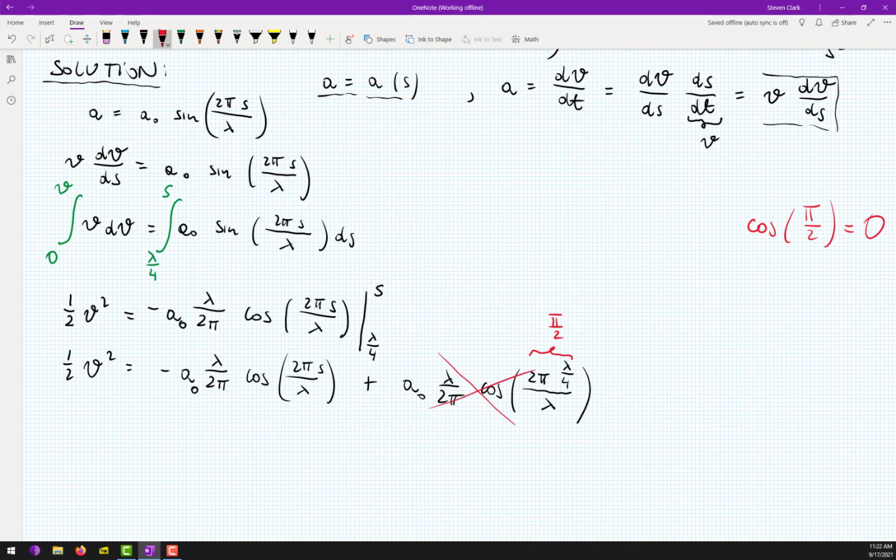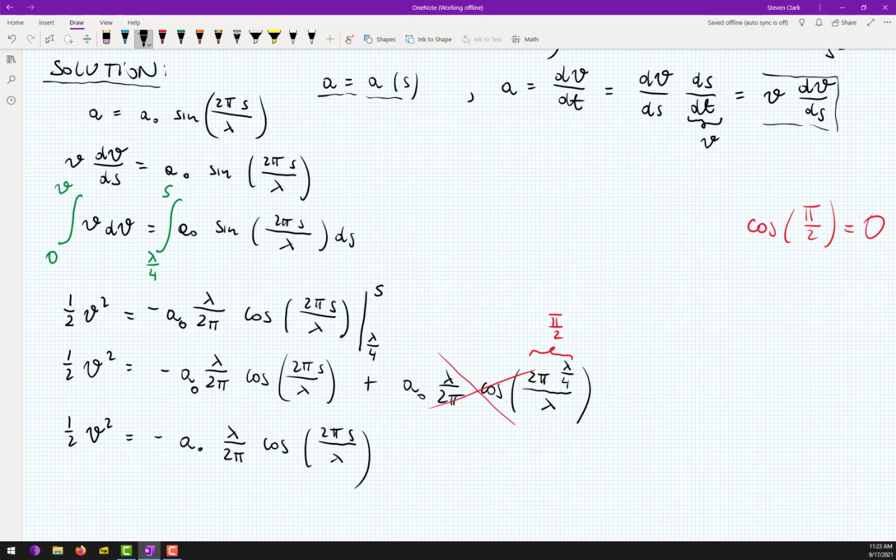We don't need that. So our expression is 1/2 v squared equals minus A0 lambda over 2 pi cosine 2 pi s over lambda. We're done with the integration.